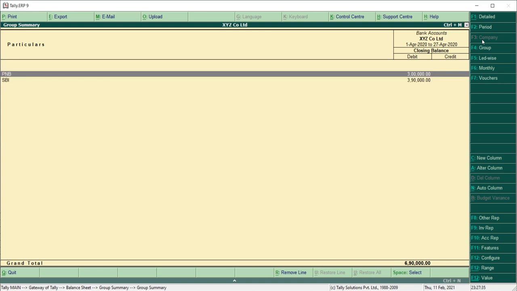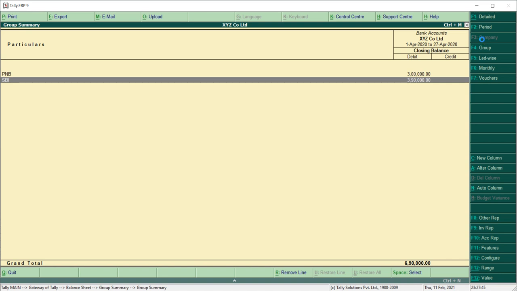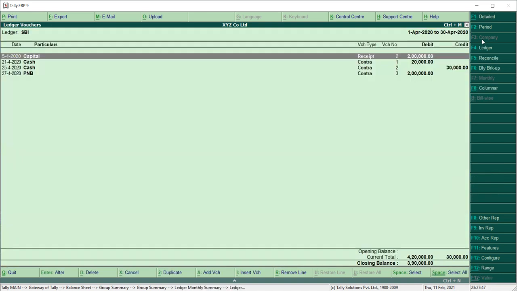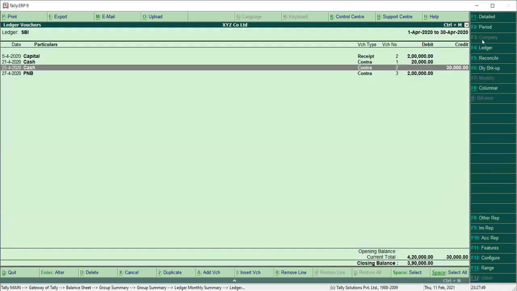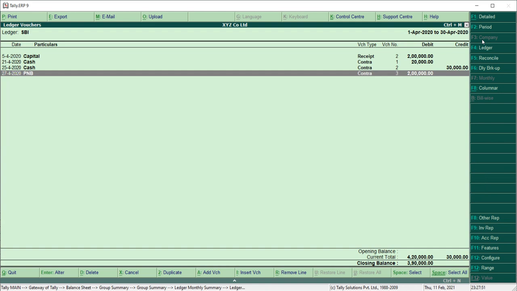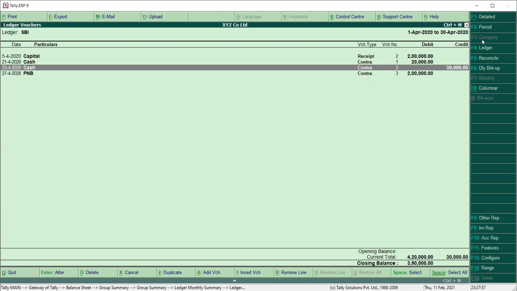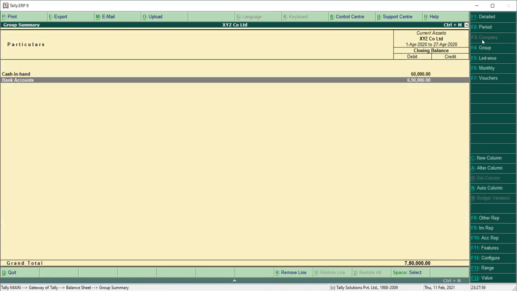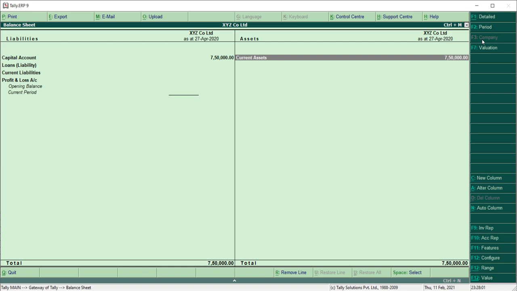So earlier PNB was 5 lakhs, now it has 3 lakhs, 2 lakh has gone to SBI. Now you can see the transaction here also. So SBI has received 2 lakh from PNB.